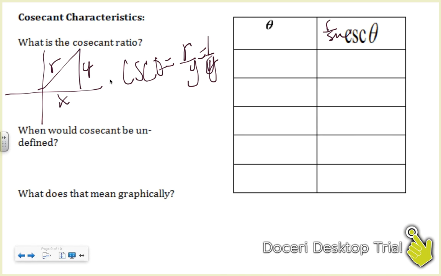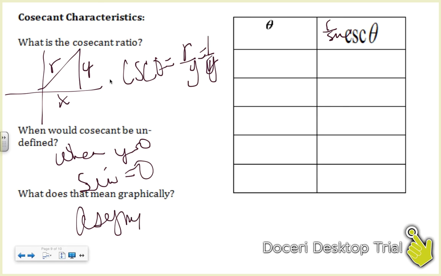Cosecant will be undefined when y is equal to 0 or sine is equal to 0, and those would be your asymptotes: 0, pi over 2, pi, 3 pi over 2, and 2 pi.